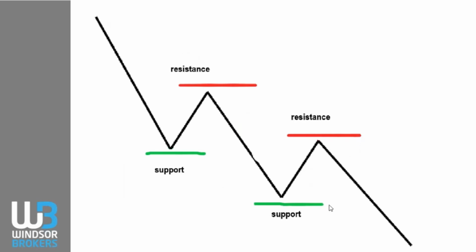We have an initial direction which is down, faces support, swings higher, resistance, then continues lower, again resistance, and continues its direction. So this is a clear downtrend, and the traders will again take advantage of these correction actions to get a better price for entering.